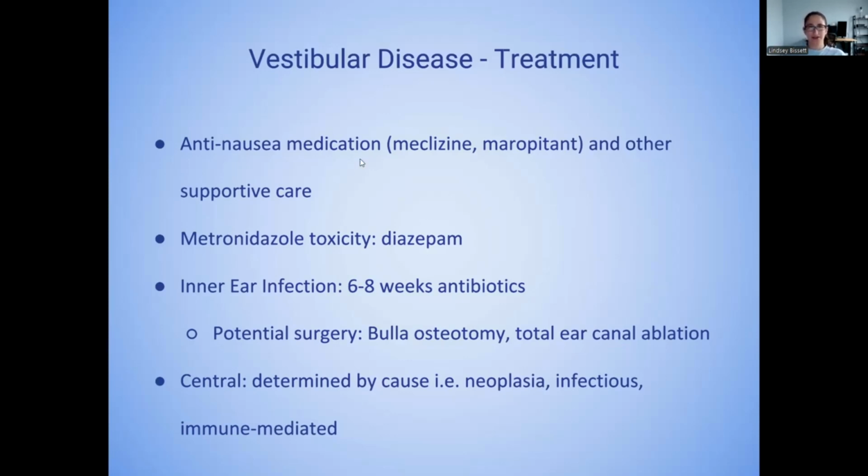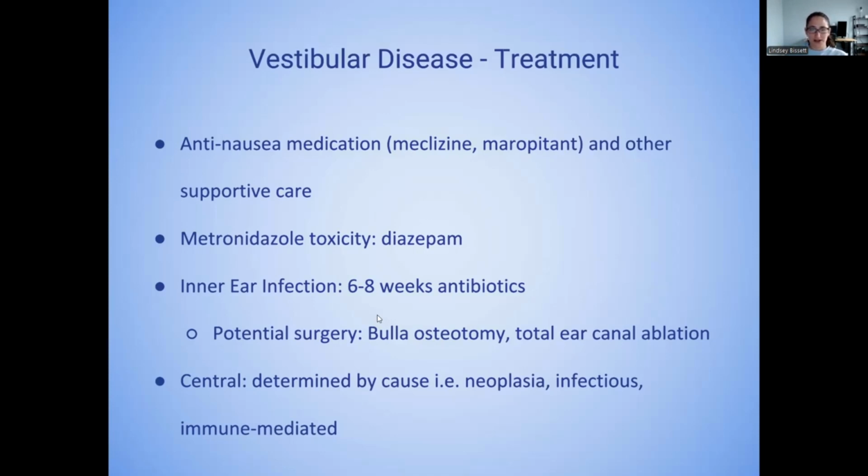They're very disoriented and can be pretty anxious, so we can give sedatives as needed, meclizine for seasickness-type symptoms, as well as maropitant, an anti-nausea medication, to help them get over the vestibular imbalance and nausea secondary to that. Give fluids if they're not eating and drinking. In the metronidazole toxicity case, diazepam does help them resolve quicker.